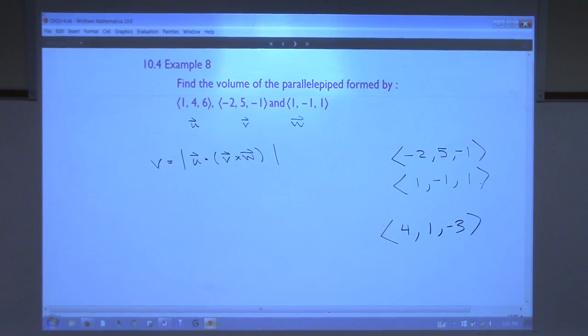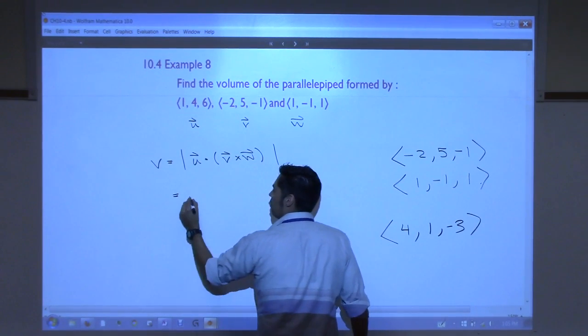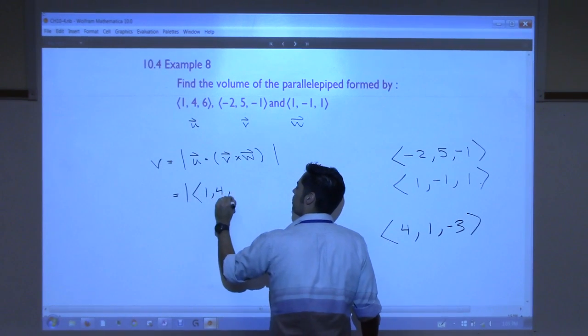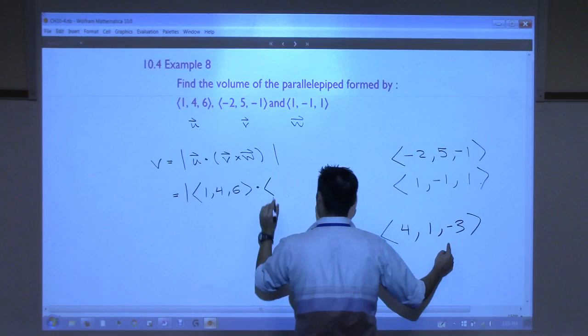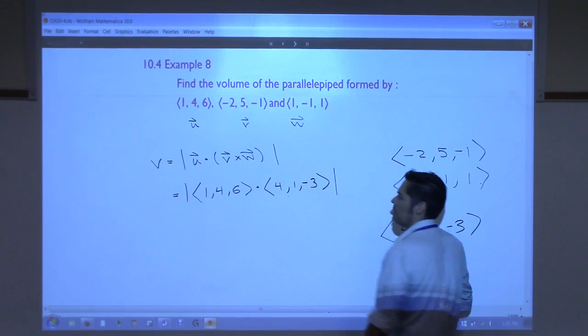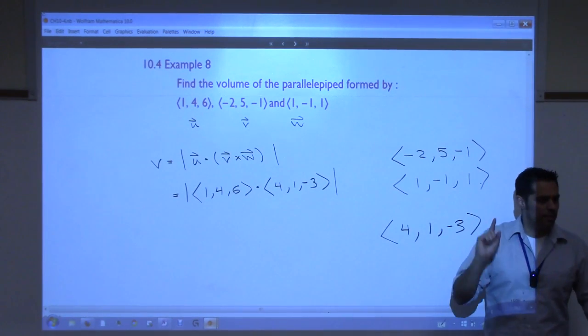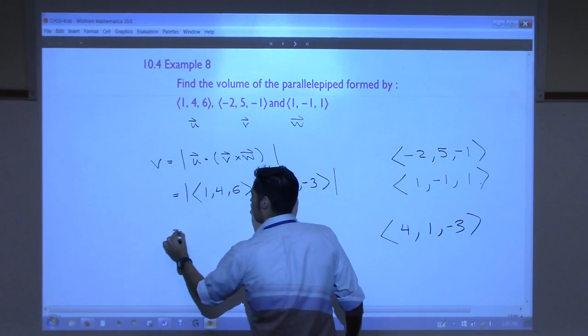That's okay, but all right, so U is 1, 4, 6, and I'm going to dot that with this vector, 4, 1, -3. And dot products are pretty simple, right? Just components multiplied and then add them all up. So what should we get here?